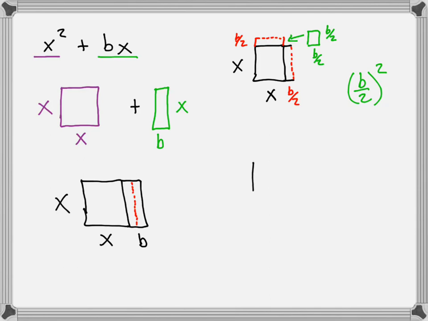So now we're looking at the completed square that looks like this. We've added that little piece in there. This is x, and this was b divided by 2.